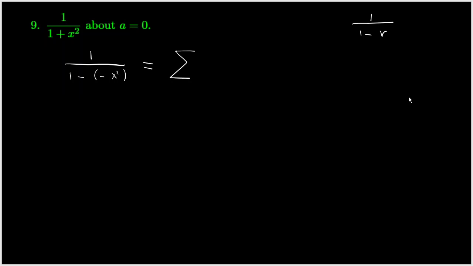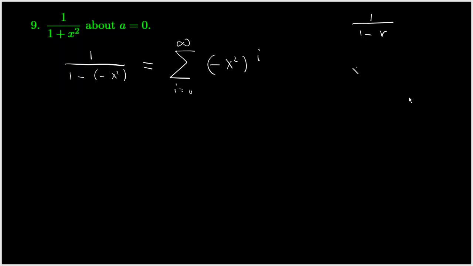Again, you treat the r value to be negative x squared. So you have the sum from i equals 0 to infinity. The function can be represented as the sum of infinitely many terms, as your r is negative x squared, and then the whole thing to the power of i. Is that right?